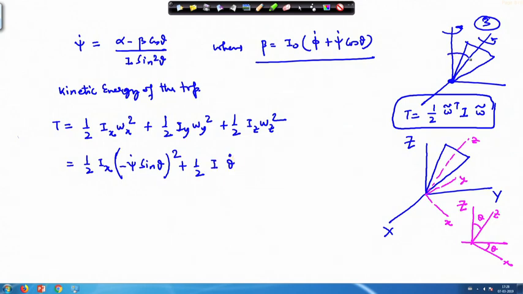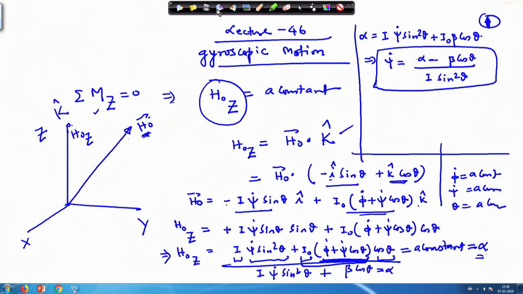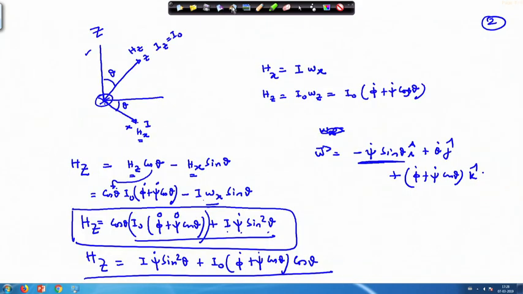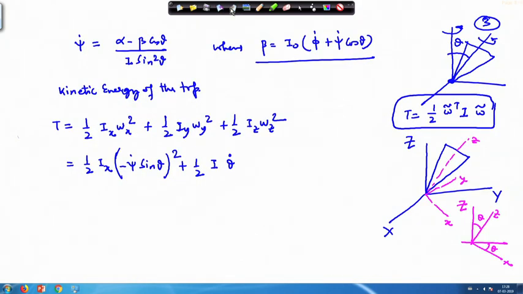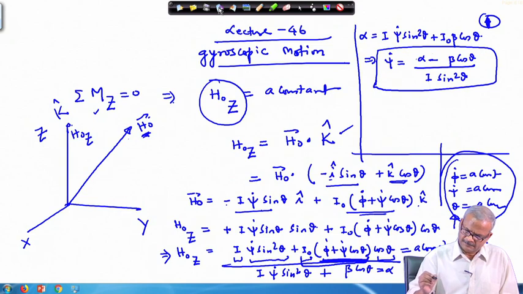So, now you are discussing the top. If theta is not constant, if theta is varying, then there is a different issue. If theta is a constant, then there is a different issue. So, do not get confused from this place.